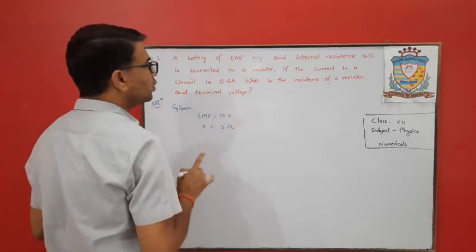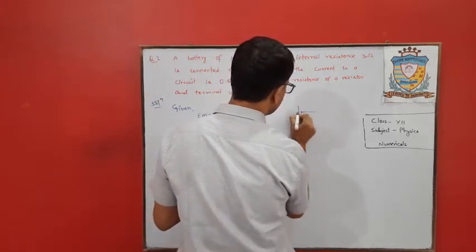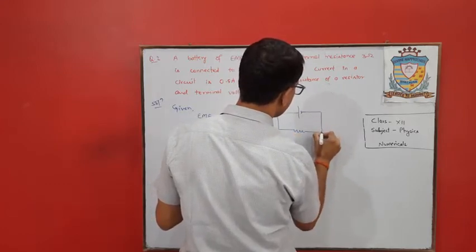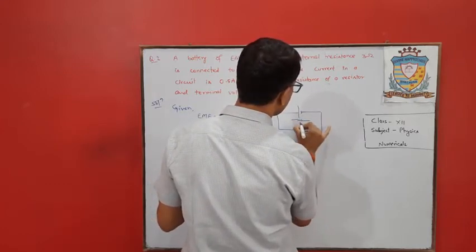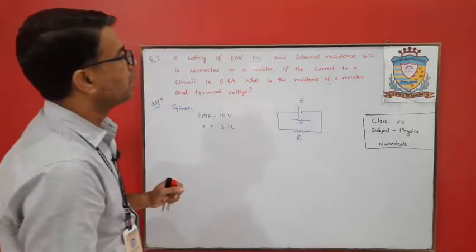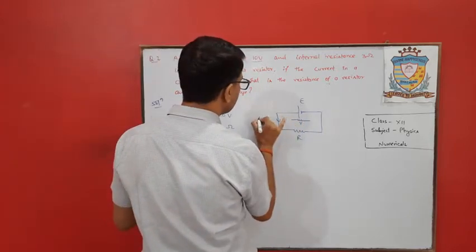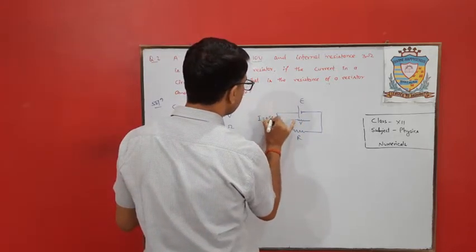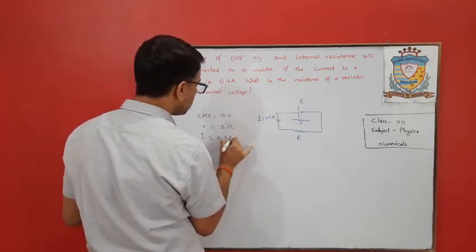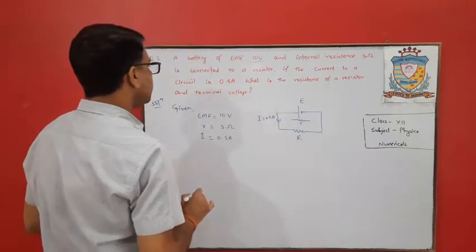It is connected to a resistor. If the current in the circuit is 0.5 ampere, I is equal to 0.5 ampere. What is the resistance of the resistor and the terminal voltage?